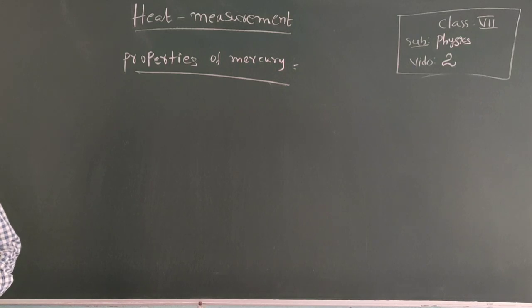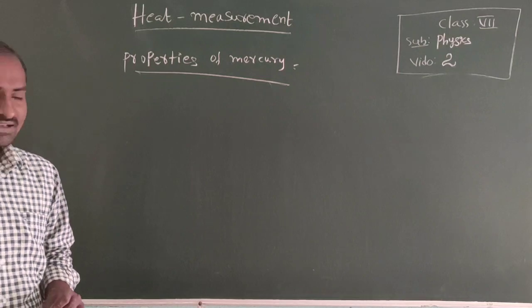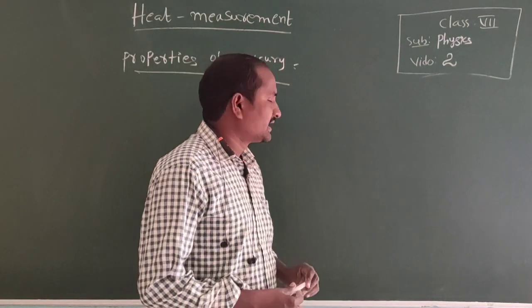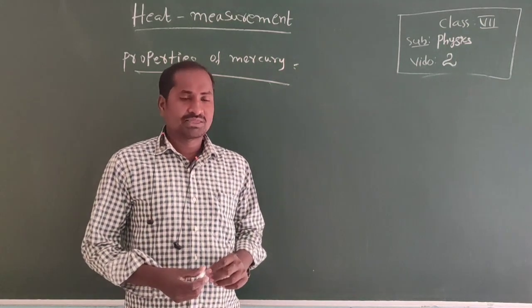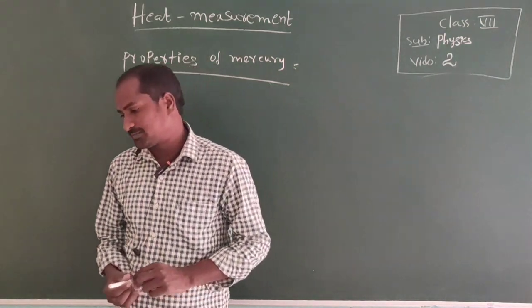Its expansion per degree Celsius rise in temperature is very large. It can be colored brightly and hence it is easily visible. These are the advantages of alcohol if you use it as a thermometer liquid.